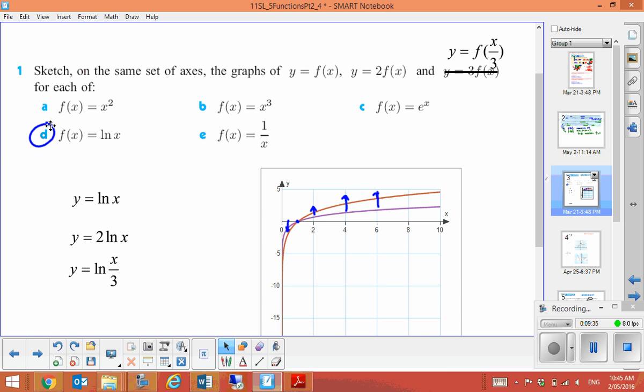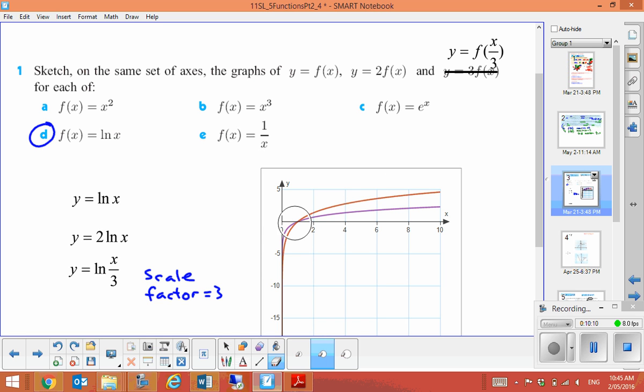If I did y equals natural log of x over 3, our scale factor here is 3. Right? So all our x values will be stretched out by 3, making that flatter.